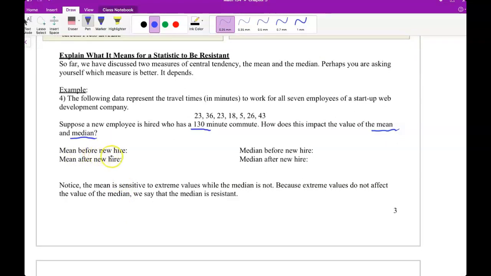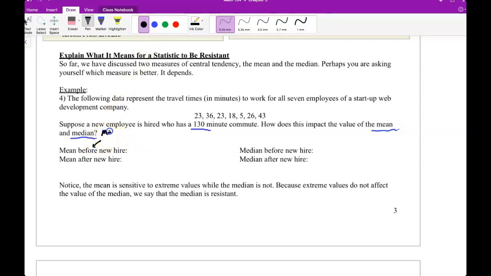So here on top is the mean before the new hire and the median before the new hire. First, we already have the answer for this part using StatCrunch, and I already know that after rounding, the answer for this part is 24.9. Or even if you didn't use StatCrunch, that's fine. Just add all these numbers for this part.